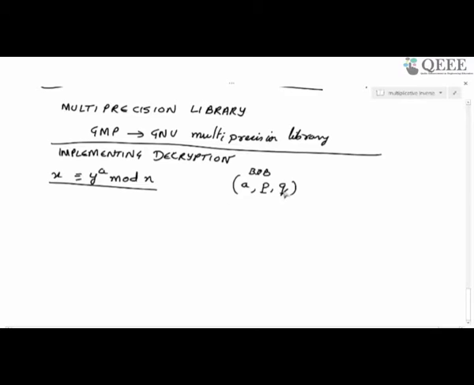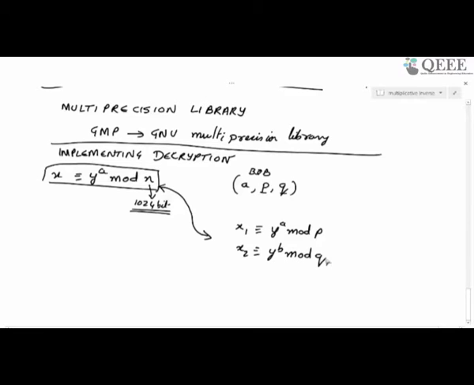Since we know that p and q are relatively prime to each other and Bob knows both p and q, instead of computing this one, where n is typically of size 1024 bits and therefore quite time consuming to actually compute, what can be done equivalently is to compute x1 congruent to y power a mod p and x2 congruent to y power b mod q, and then use the Chinese remainder theorem to actually derive this value of x.